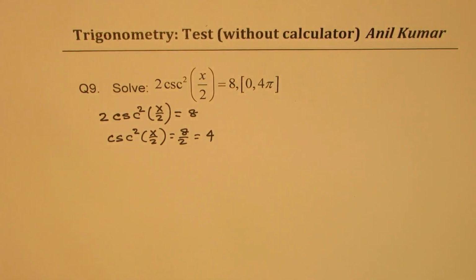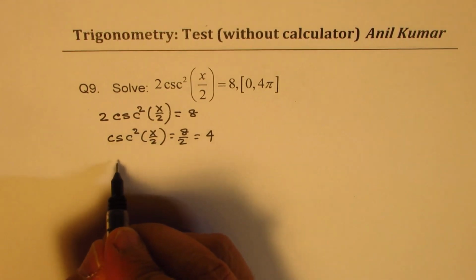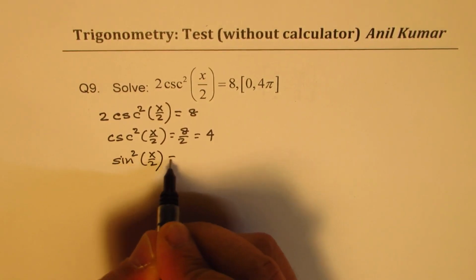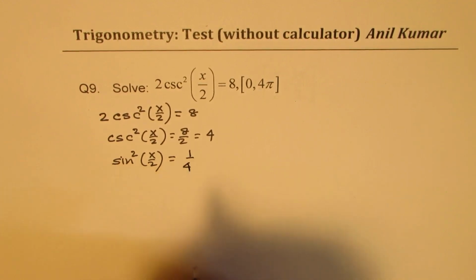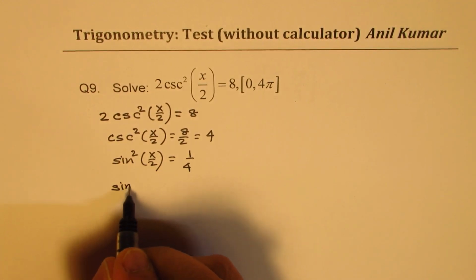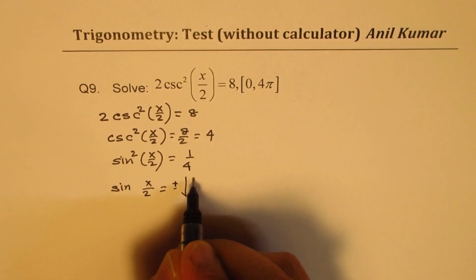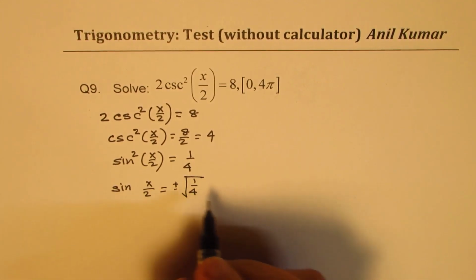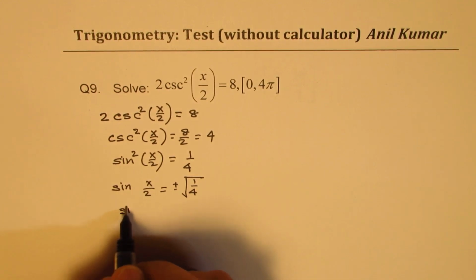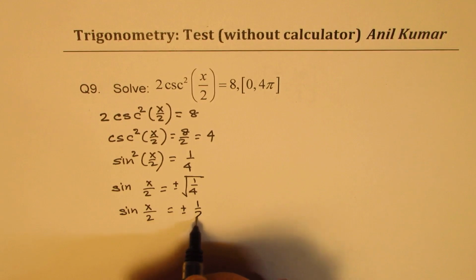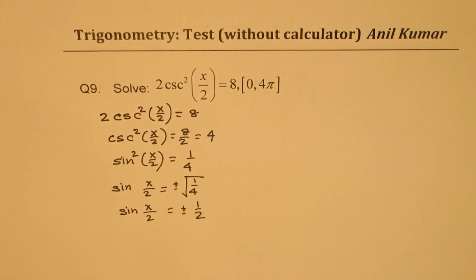Now cosecant is 1 over sine, so I could write this as sine square x by 2 equals 1 over 4, correct? So that means sine of x by 2 is equal to plus minus square root of 1 over 4, which is plus minus 1 over 2, correct?